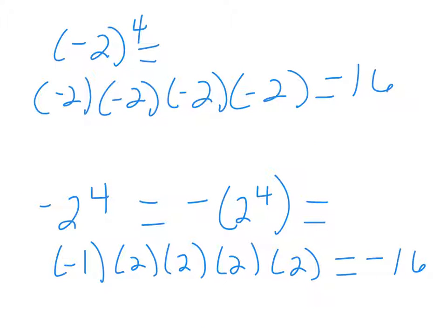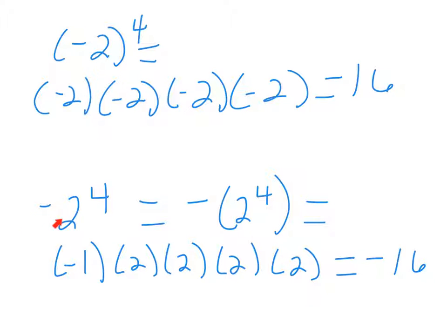I real quick want to point out just something here. If you have negative 2 to the 4th power, with parentheses, it would look like this: negative 2 times negative 2 times negative 2 times negative 2. That's going to be an even number of negative signs. There's 4, and that's going to equal a positive 16.